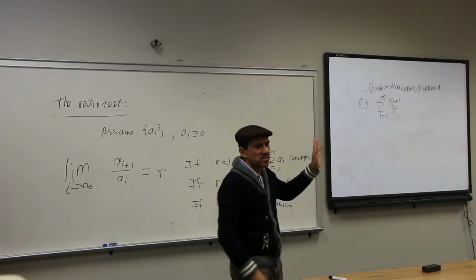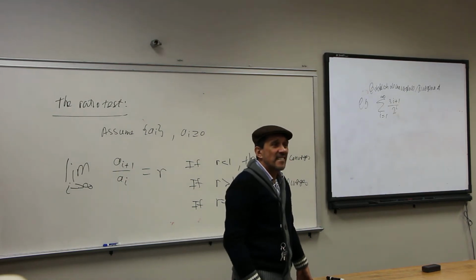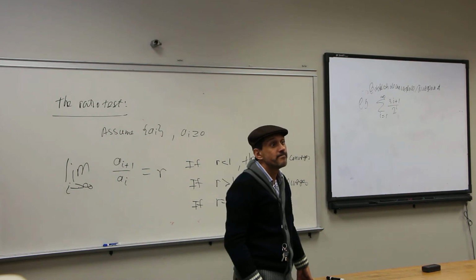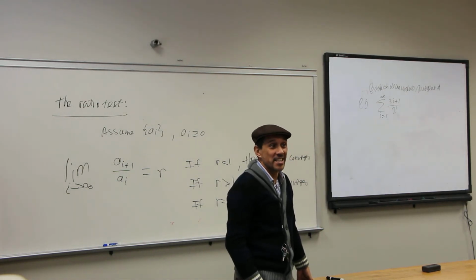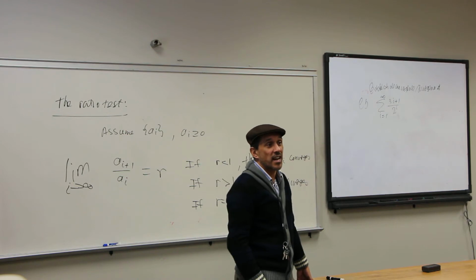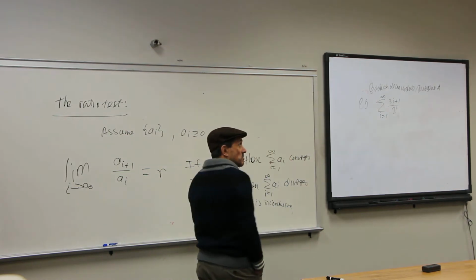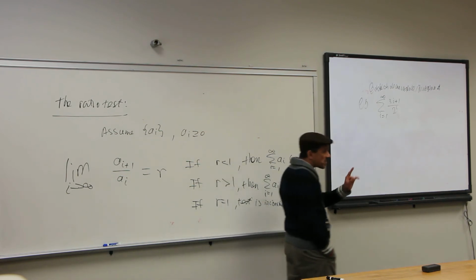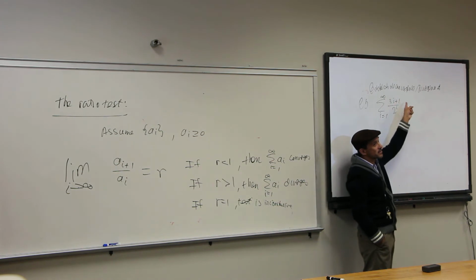Now, what kind of series is this, Mr. Harris? Who knows? It's certainly not an arithmetic series. It's most certainly not a geometric series. It is most certainly not a p-series. It is most certainly not a harmonic series. But there is something weird going on here. As i is getting big, this is getting big.